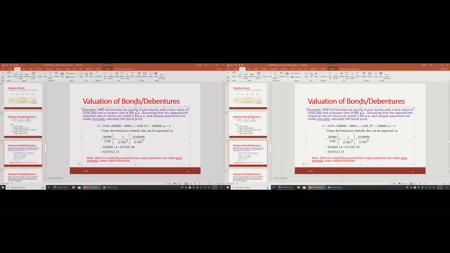Right, we only need to change this coupon payment from 9,000 to 8,000. Right? Anyone get the number?